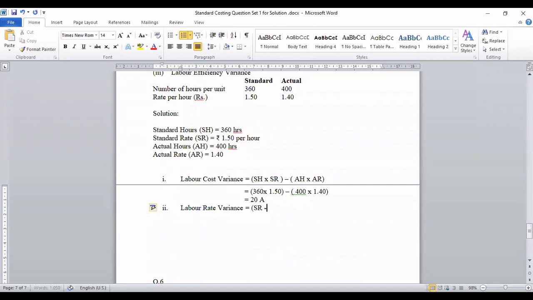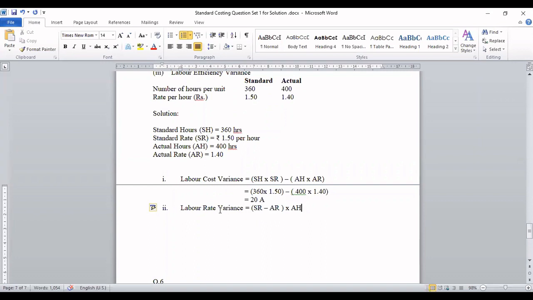Standard rate minus actual rate into actual hours. Shalini, why are you thinking it is wrong? Sir, in the slide you wrote standard hours first, actual hours, into standard rate.